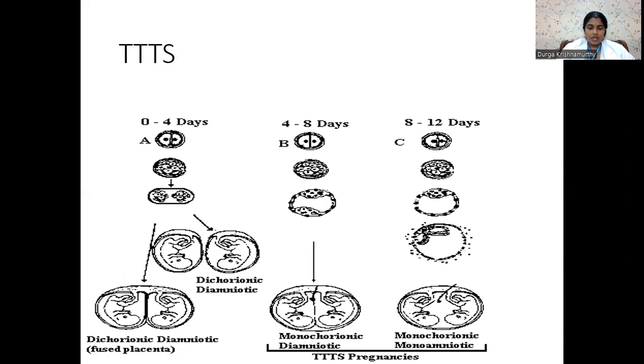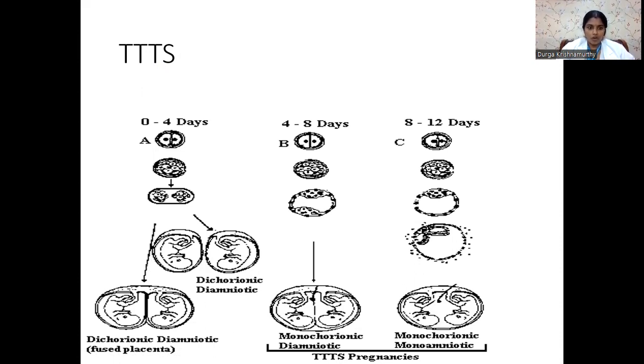So basically, after fertilization takes place, from the day of fertilization, which we call day 0, up to 4 days, if any division or cleavage takes place in the blastocyst, it leads to the formation of dichorionic diamniotic twins.